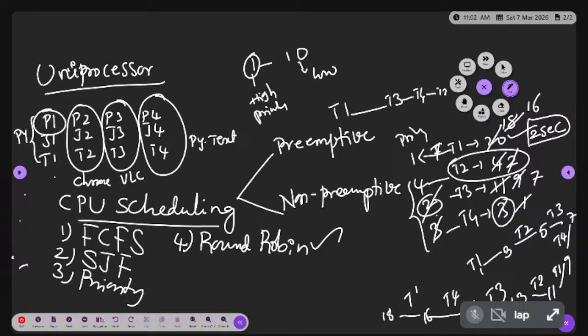General meaning of preemption. Preemption, preemptive, non-preemptive.